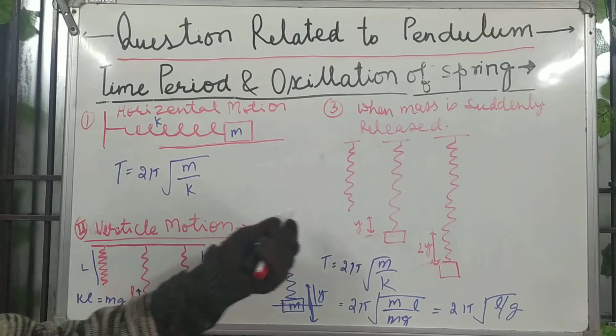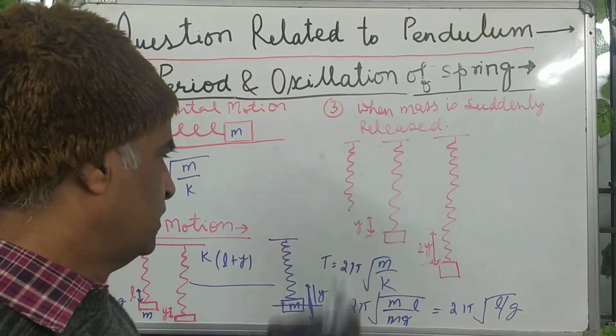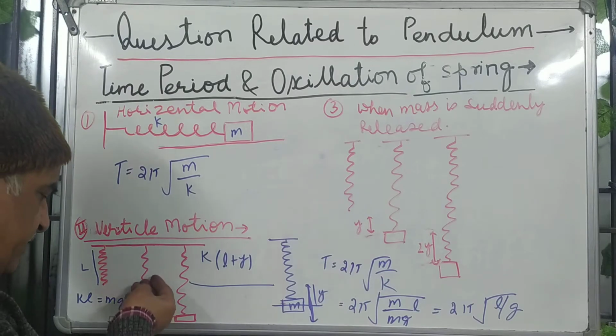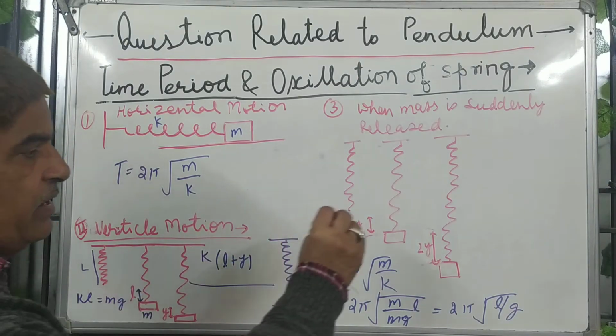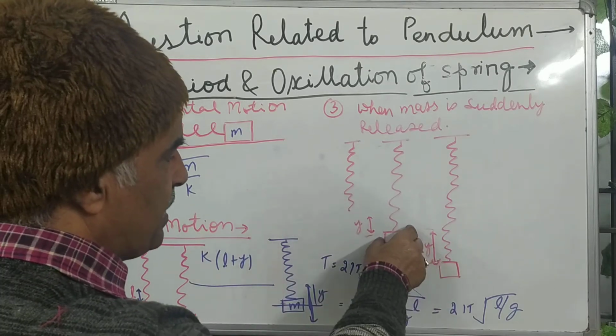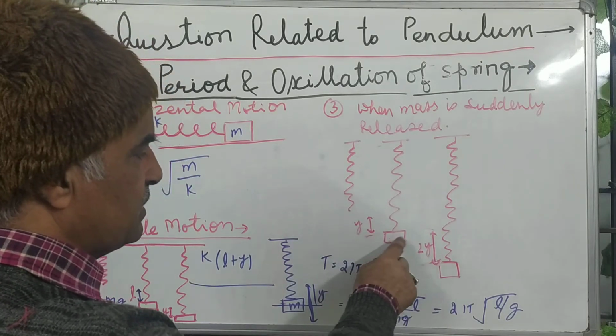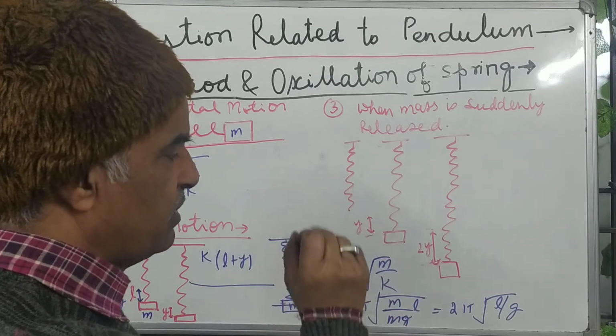But if this was gently released and extension was L, but if suddenly the mass is released, this is not an equilibrium position.